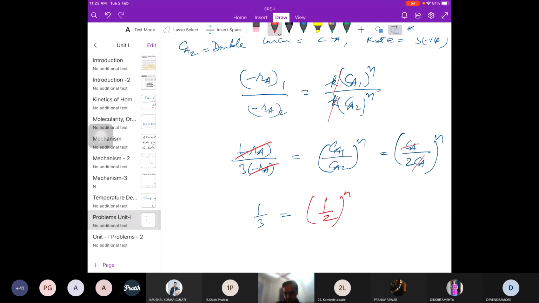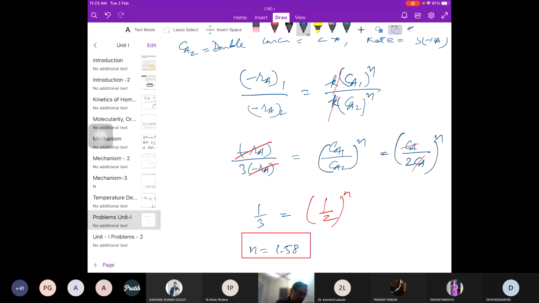बराबर है प्रणव? Devendra, is it okay? Yes, yes, sir. The value of n, you have a programmer calculator, right? You can find the value of n, and that is equal to 1.58. अगर कैलकुलेटर नहीं है तो you can do log करके भी कर सकते हैं.